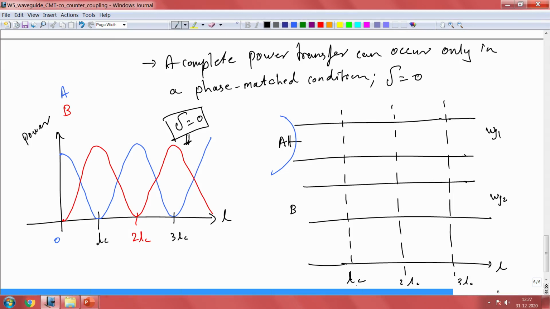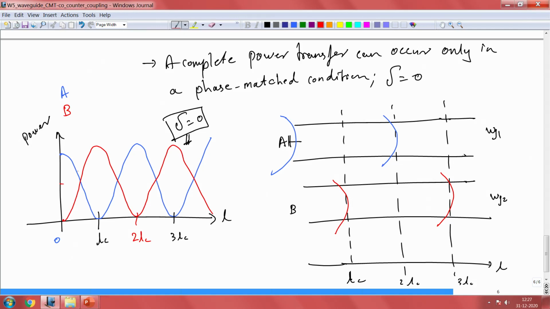Now, when it is LC, then all the power will be now in B. When it goes to 2 LC, the power comes back to A, and then as it propagates, it is going to be like this. So, it will switch from one waveguide to the other. In between you will have other powers.